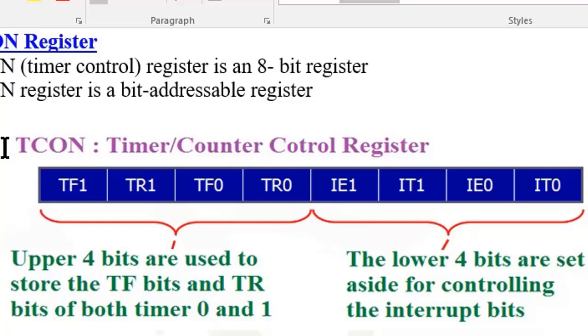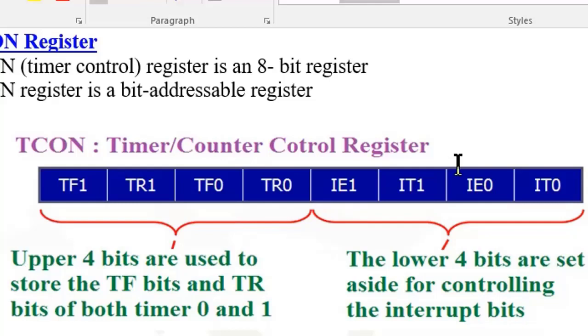Now what are the different bits in this register? Now I am explaining only the higher 4 bits. The lower 4 bits I will explain later, because the lower 4 bits are related to the interrupt. So when we go through the interrupt portion, then we will study this lower 4 bits. Only the higher 4 bits we have already used.